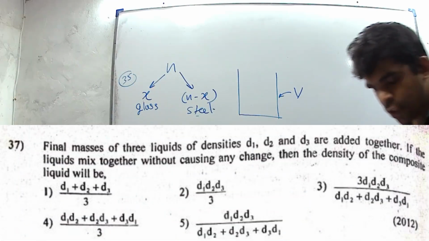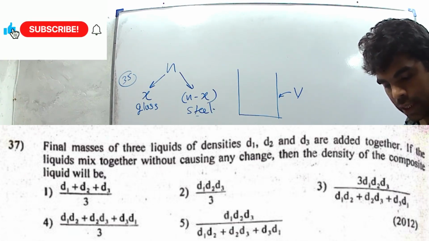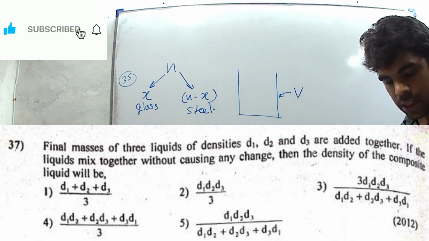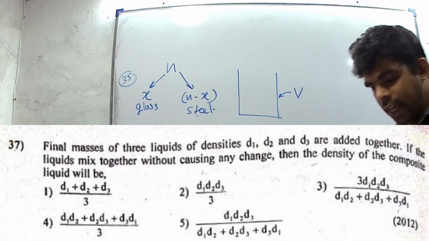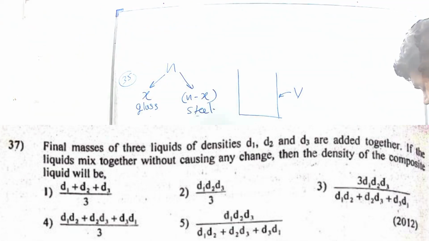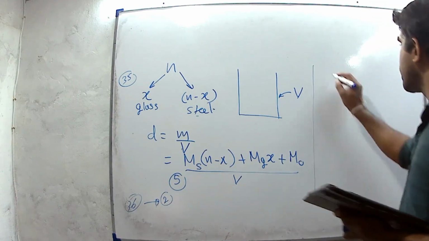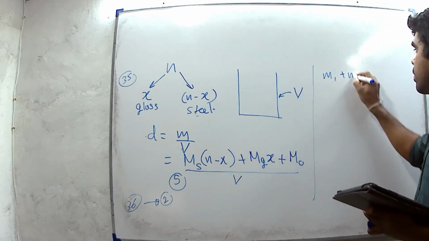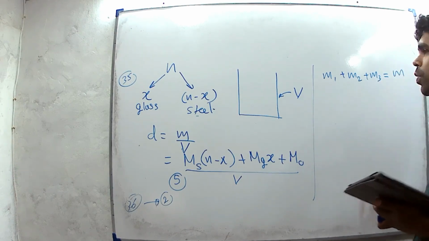37. Equal masses of three liquids of densities D1, D2 and D3 are added together. If the liquids mix together without causing any change, then the density of the composite liquid will be. We can consider the sum of masses should be equal to total mass.